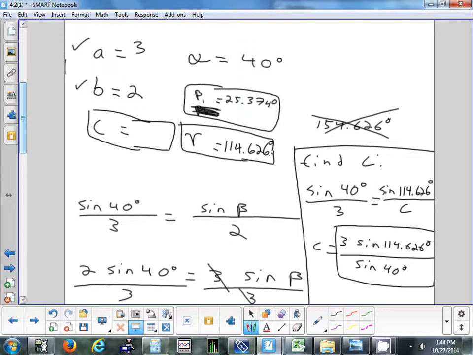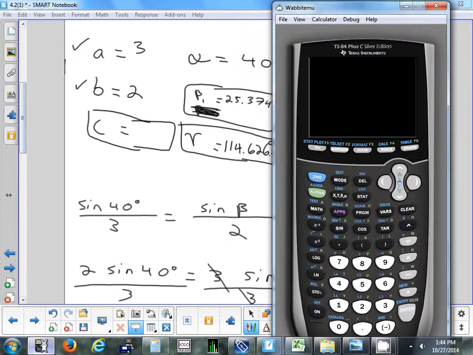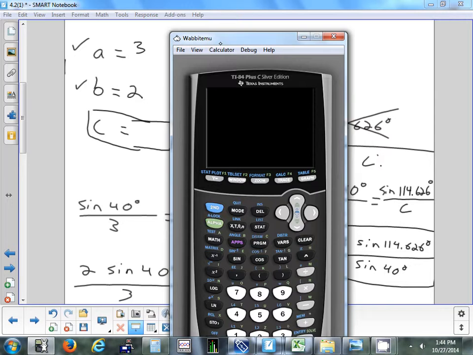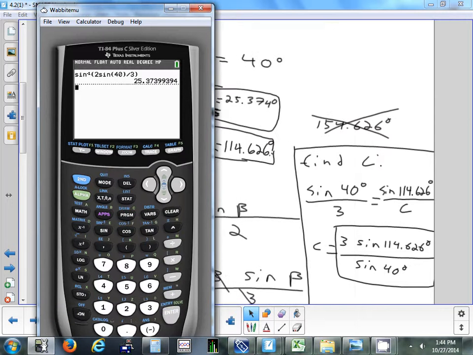Anybody type that in and get a decimal? See what we got? We'll just type it in together. 3 sine 114.626, divide by sine 40, and what did you get? 4.242.